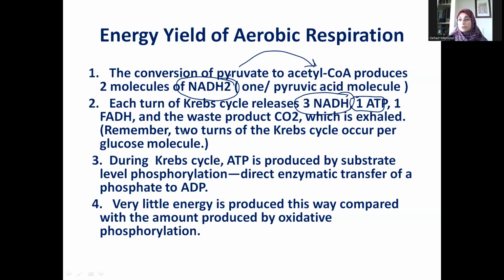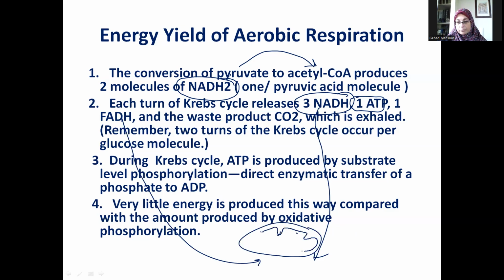Is that all the energy that has been obtained from Krebs cycle? Of course not, because we have a lot of indirect, invisible energy that is stored in reduced NAD and reduced FAD. Why? Because these 2 reduced molecules will go to the inner mitochondrial membrane and will deliver their hydrogen atoms to the inner mitochondrial membrane.